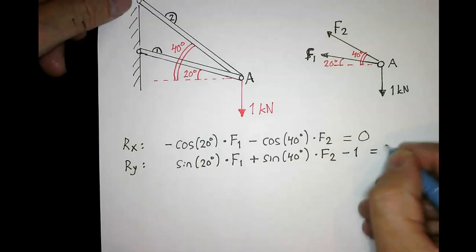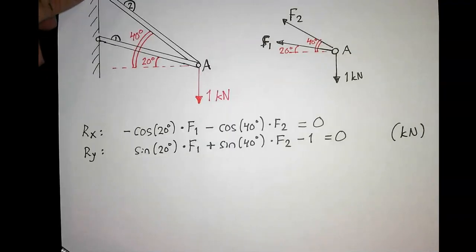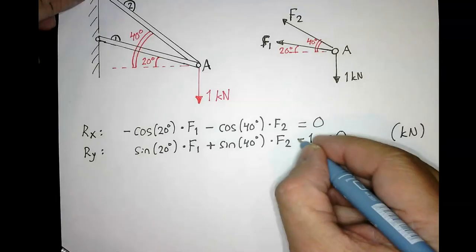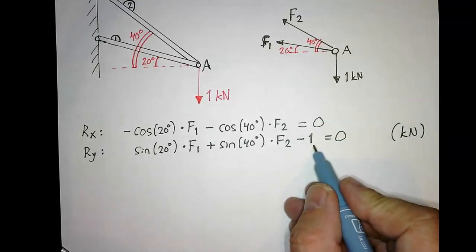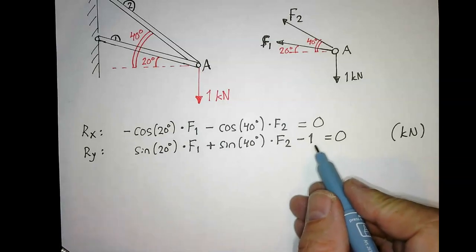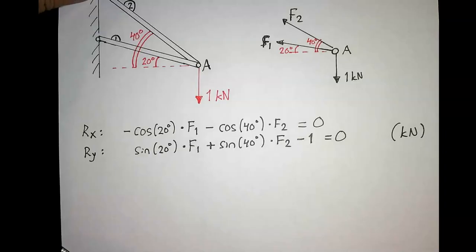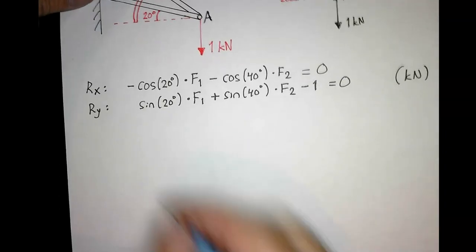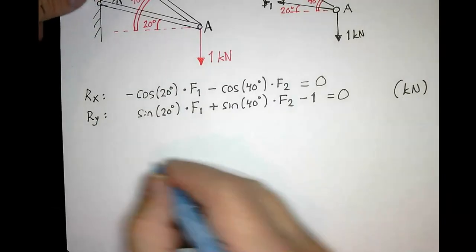Kilonewton is the unit, so I'm not writing kilonewton at the end of this number 1. So here we have an equation, and now again I will use that Excel sheet there.